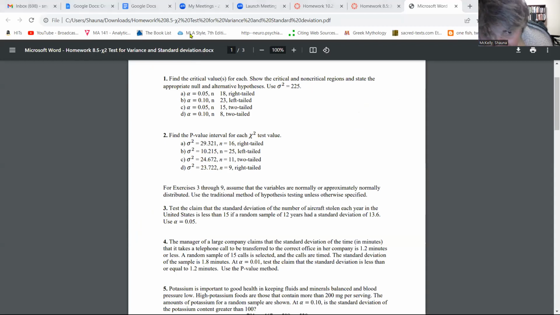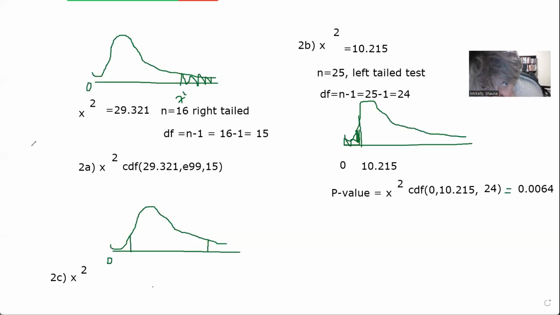So here you have chi-squared is 24.672. N is 11. I made an error when I typed that before. And it's a two-tail test. So DF here is 10.